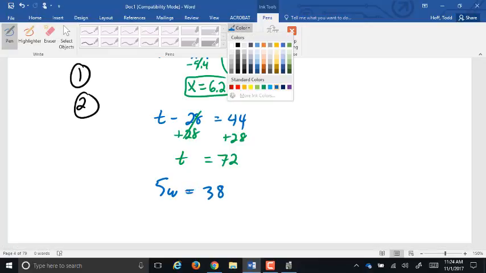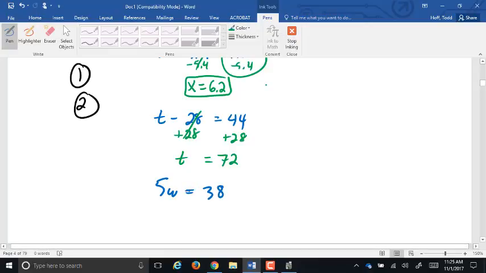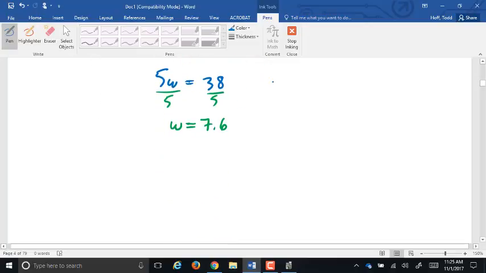And then the next one is 5w equals 38. What do we have to do to solve that one? Divide by 5, w equals 7.6 is perfect. And then the last one for number 1, we have d over 12 equals 3.5.